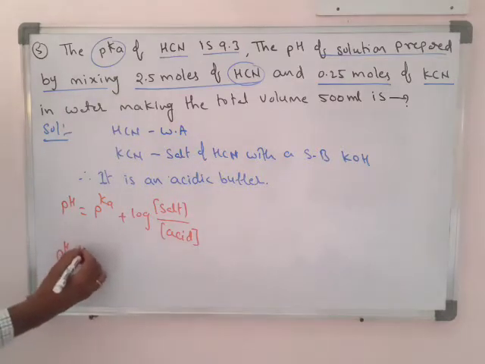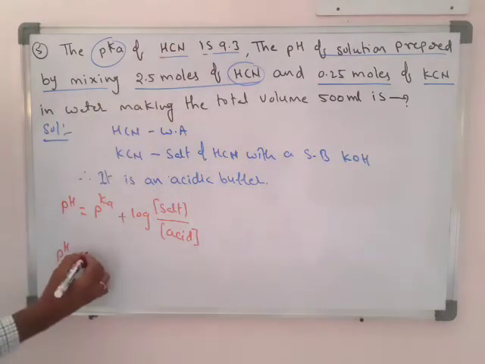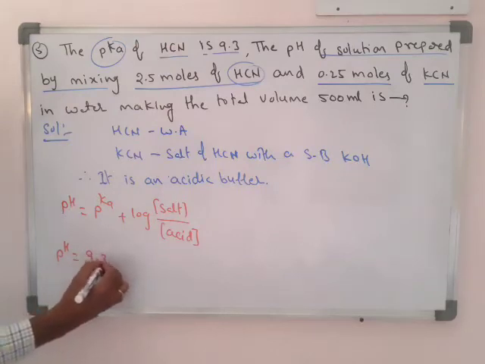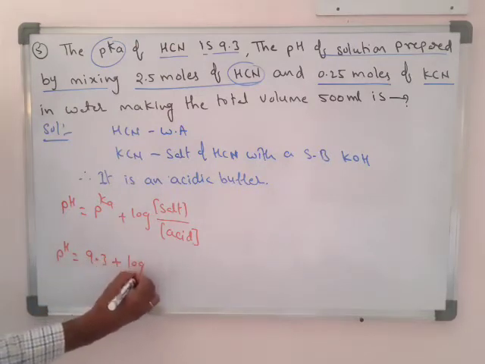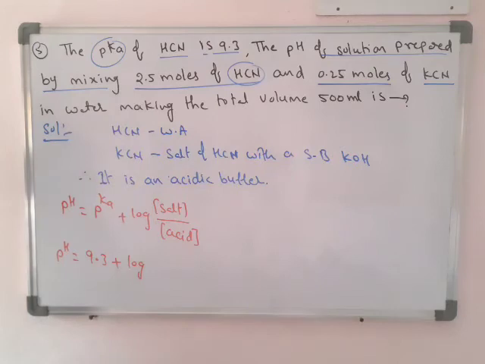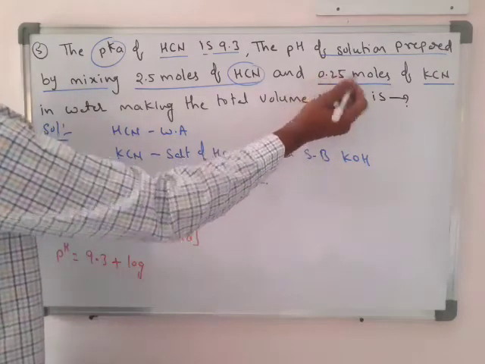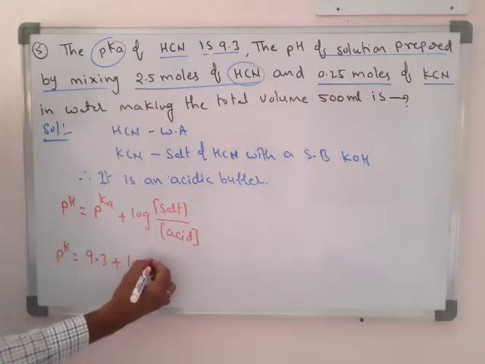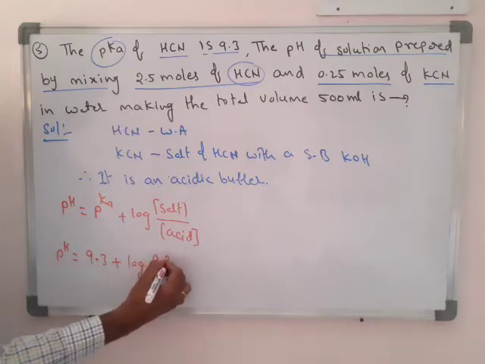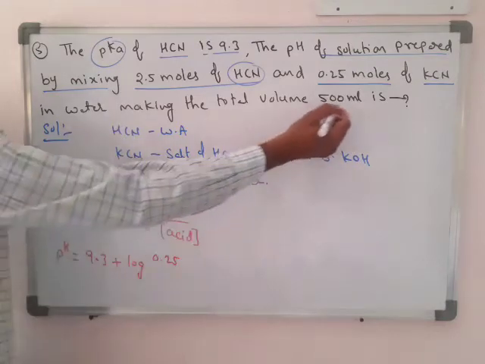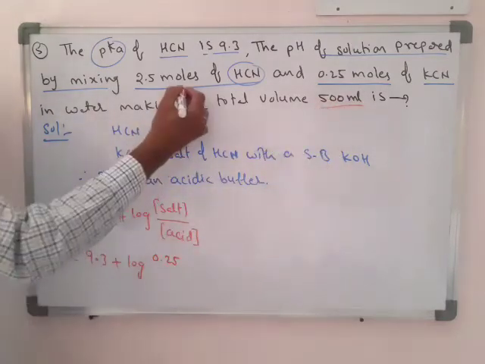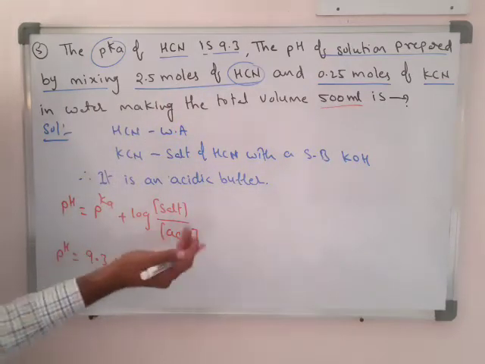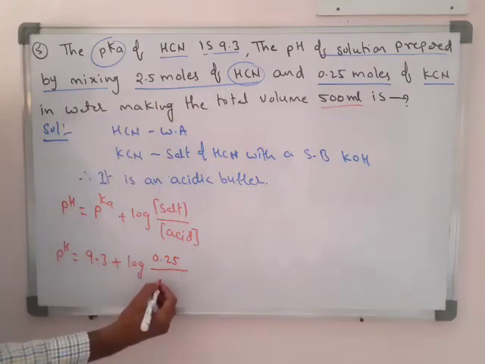So the pH equals pK, directly given as 9.3, plus log of the salt. What is the salt here? KCN. It is directly given in moles, 0.25 present in 500 milliliters. The weak acid is also present in 500 milliliters, so they will cancel, no need to write again.